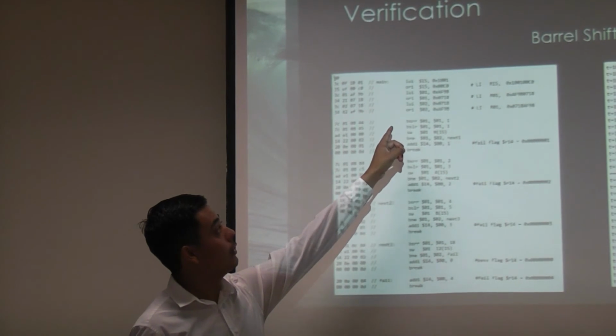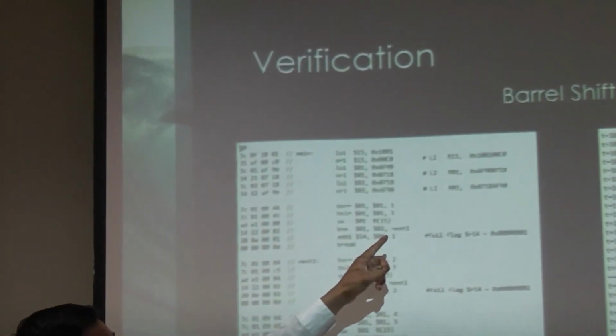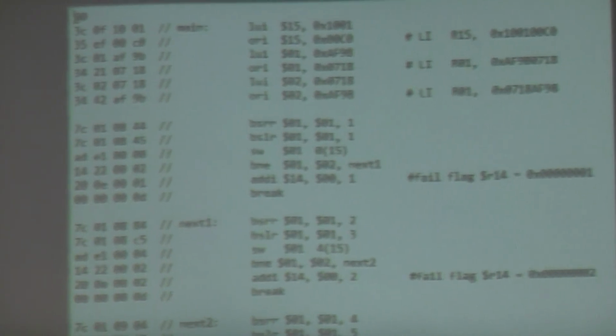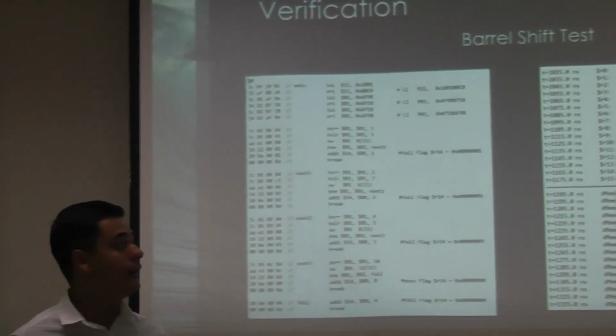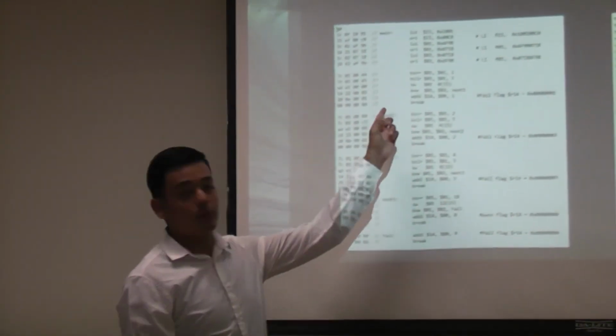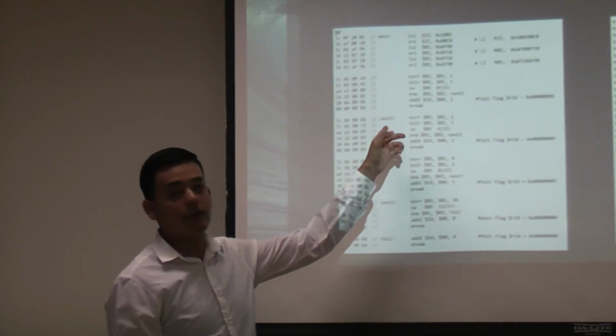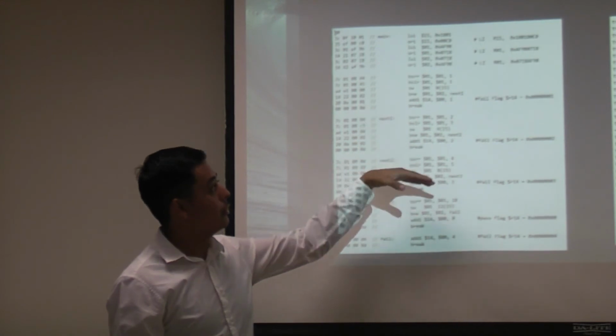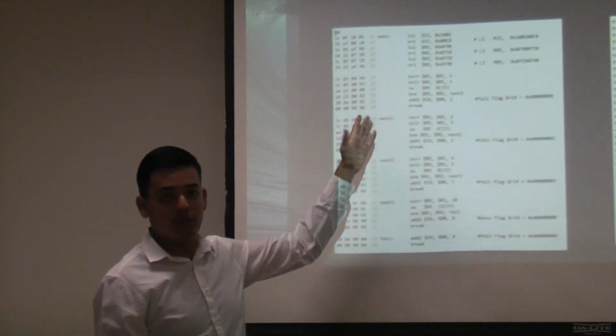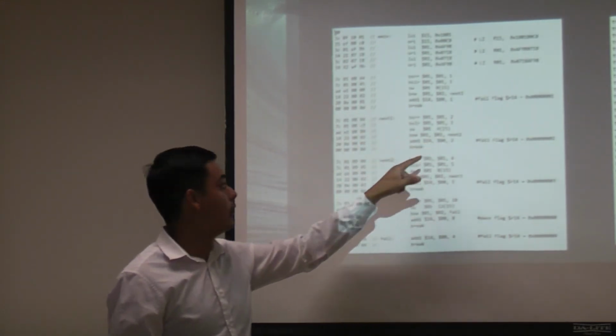The first thing we do is we load AF9B0718 into register 1, and we load 0718AF9B into register 2. And register 2 is our compare register, so that's the final value that we want to get to. And register 1 is the one we're going to be modifying. So here we do the rotate instructions, and then we check, and if they're equal, then it goes through the branch and it breaks, and it tells me that that's a fail.